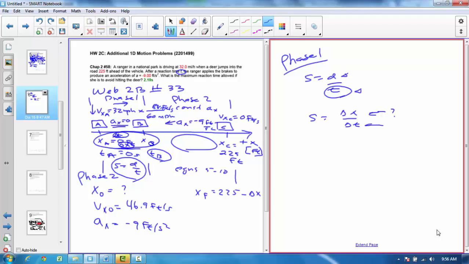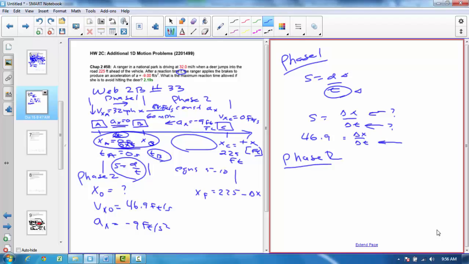So we have 46.9 feet per second equals that. That's the distance we traveled while we were waiting to press the brakes, and the time it took us to press our brakes. And really, that's the number we want to know. So we've got two unknowns in that.